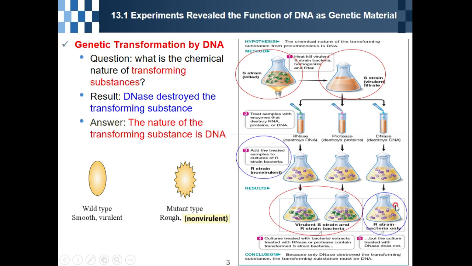So based on this experiment, the answer is that the nature of the transforming substance is DNA. Griffith did not know what the substance was, but based on this experiment, the nature of the transforming substance is DNA.